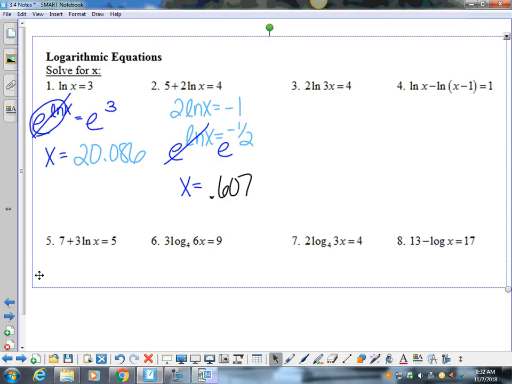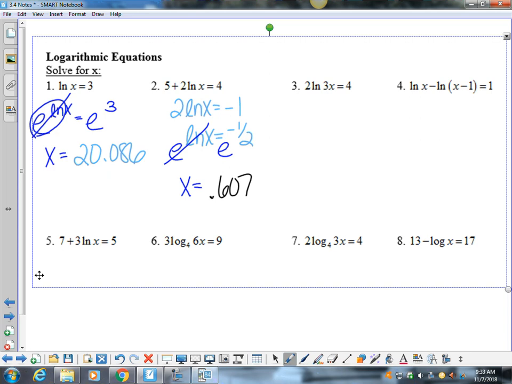Okay, number 3, what are we going to do? Divide by, anybody have another option? I would divide by 2 also because it's super easy. But does anybody see another option for that 2? Could it become a power? Aren't numbers out front of logs powers for the ofs?